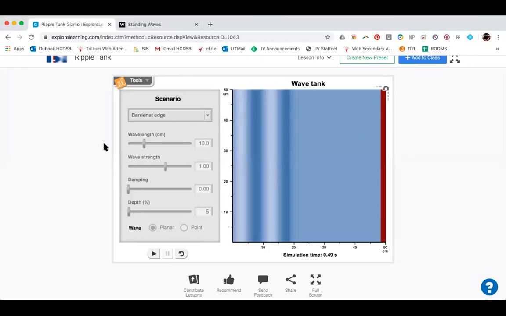Okay. So we have a water wave, a linear water wave. So maybe this is a tank of water and we're looking at the top of the water and we drop a pencil that is creating a wave. If we were to bob that pencil up and down, creating a continuous linear wave, let's see what happens when this wave hits a barrier on the other side.